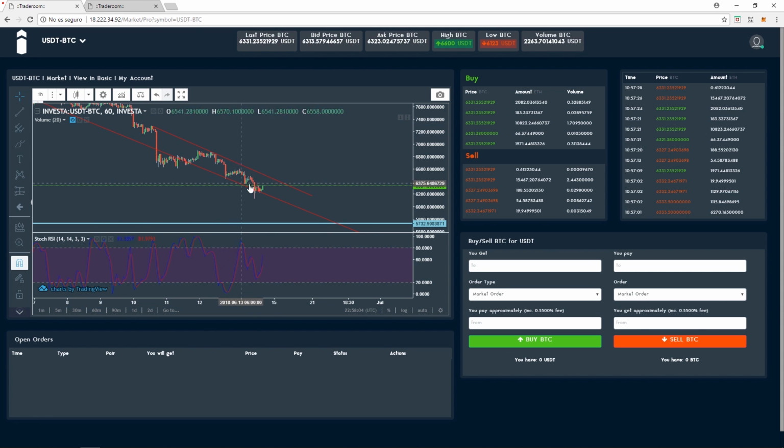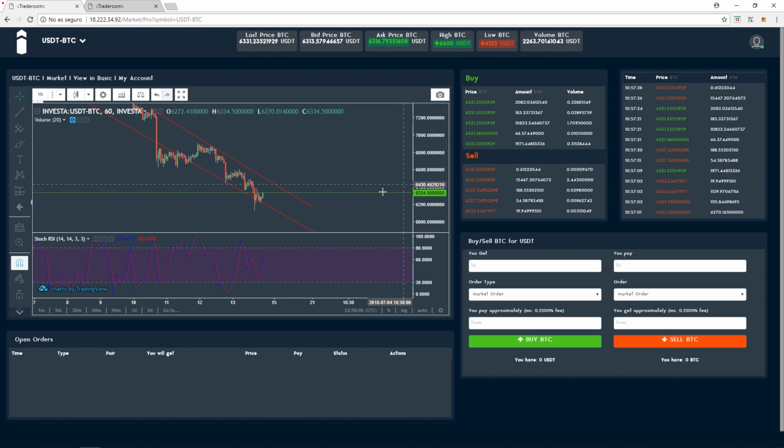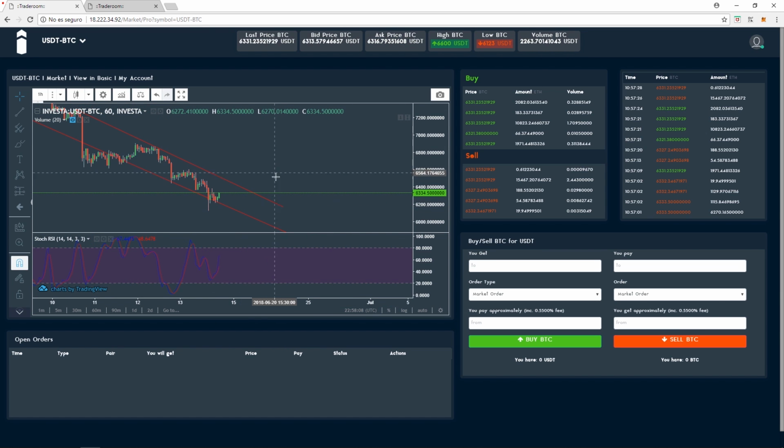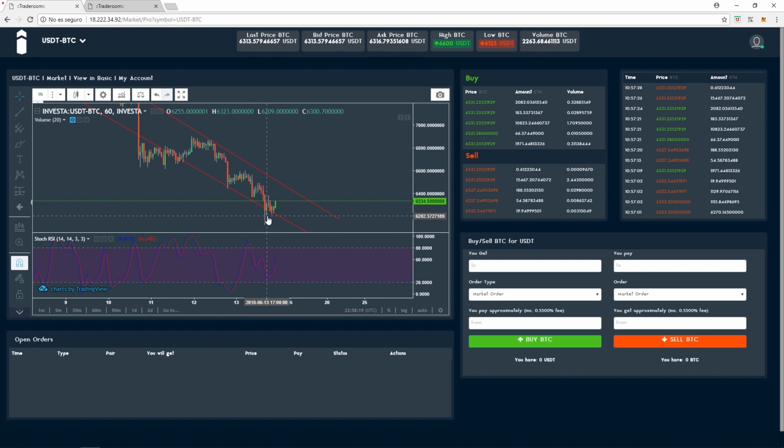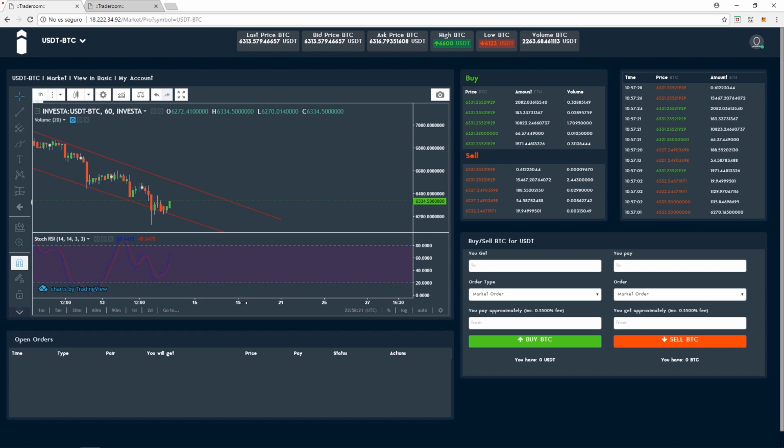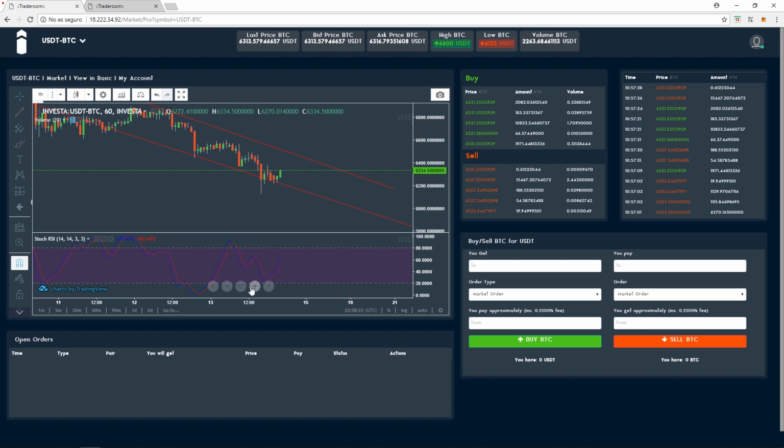Not a very exciting moment right now, but something that is very important to bear in mind is that bigger time frames control smaller time frames. So if I were to look right now at this bullish momentum that we have, a very small one, but we have something. How can we tell? It's very easy.